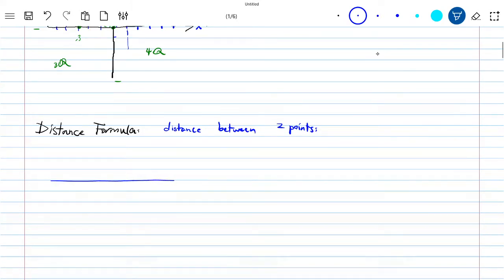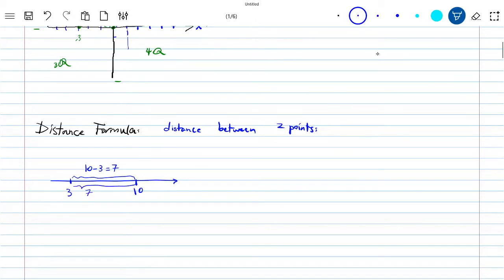Let's say you have a number line. It's only 1 dimension. If I pick 2 numbers, something like 10 and 3, and ask you what is the distance between these 2 numbers, what is that length? You should simply say the distance is the difference between these 2. So 10 minus 3, which equals 7.